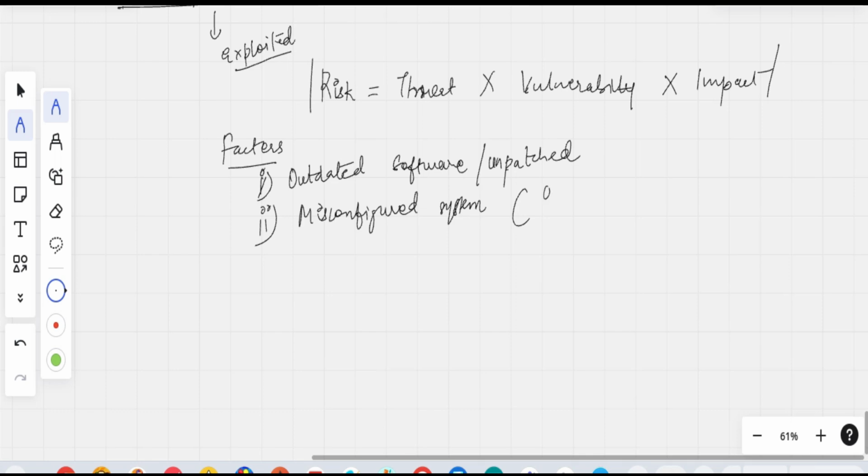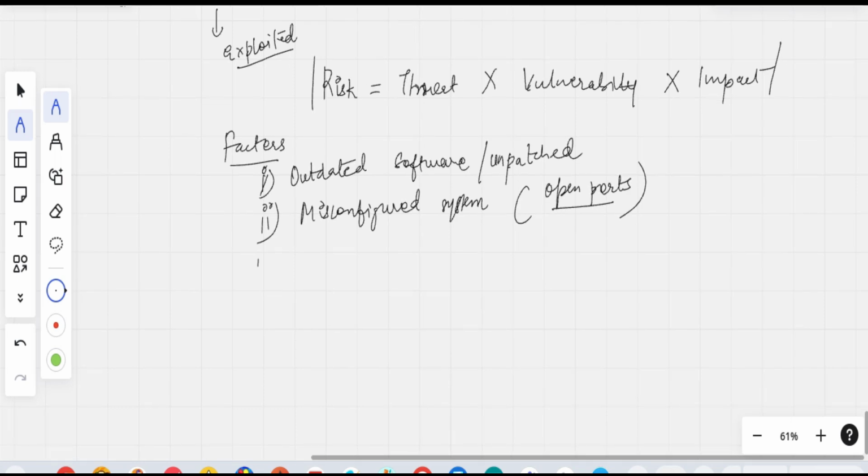Let's talk about open ports: ports you are not using but are open, and once the attacker identifies that, they could start attacking your system. The easiest one could be a user who is using a weak password with no MFA enabled.